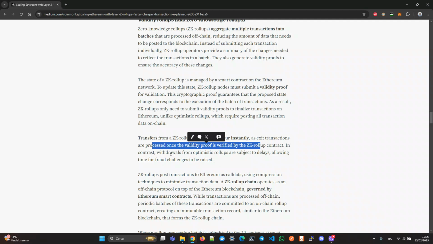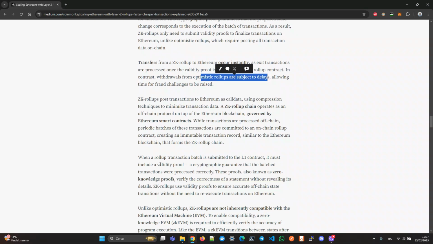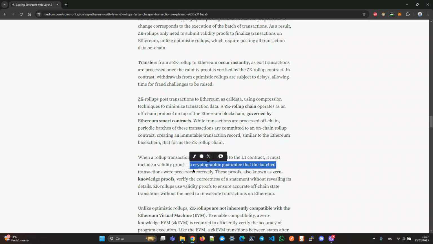In contrast, the withdrawals from the optimistic rollups are subject to delays, because, as we said earlier, we must allow time to challenge the fraud. So this validity proof that we were talking about earlier is a cryptographic guarantee that batch transactions have been processed correctly.